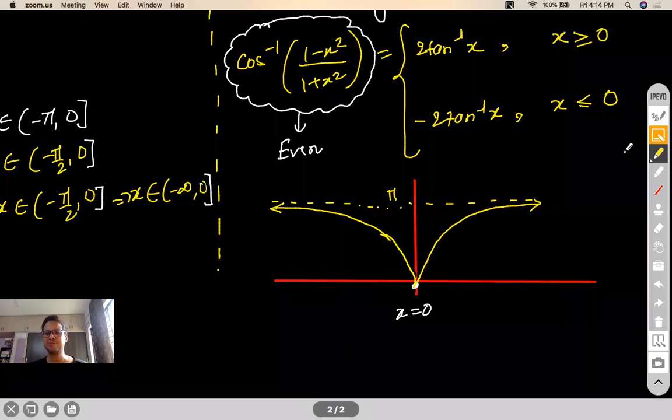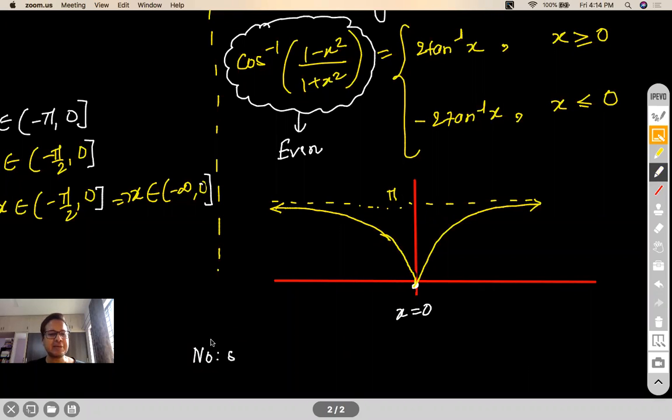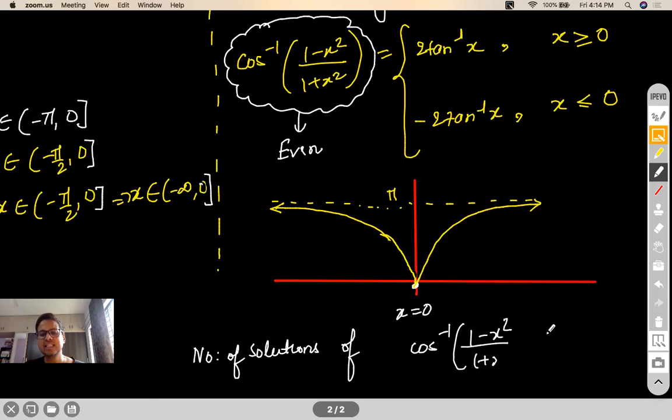Okay. Now, a few questions that may come something like this. Let's say somebody asks you, find the number of solutions of this equation. Let's say cos inverse (1 minus x square) by (1 plus x square) is equal to, let's say, 3. Okay. How many solutions exist?